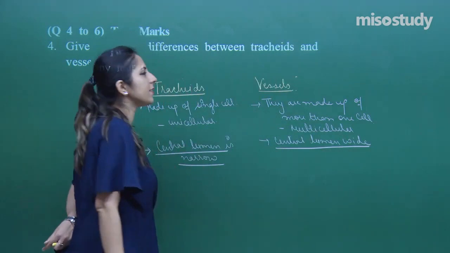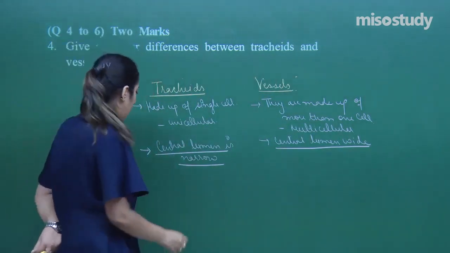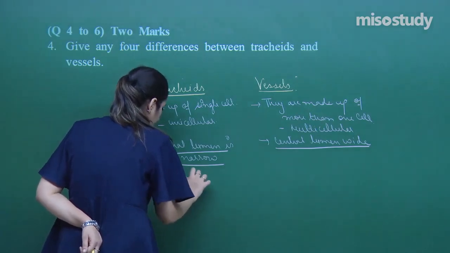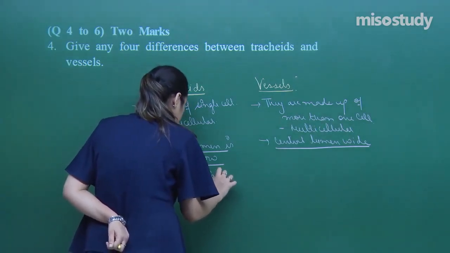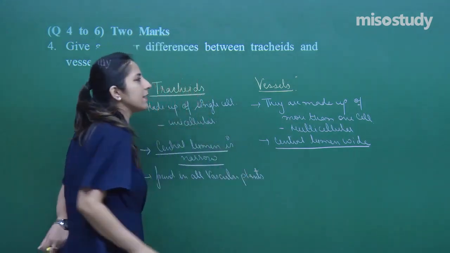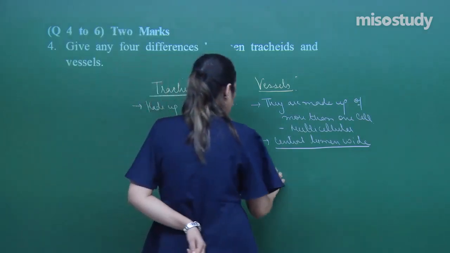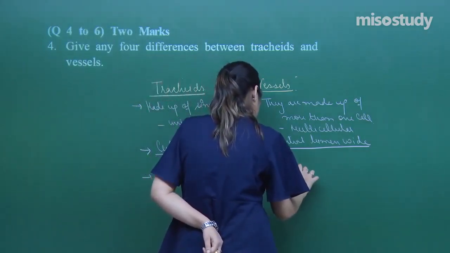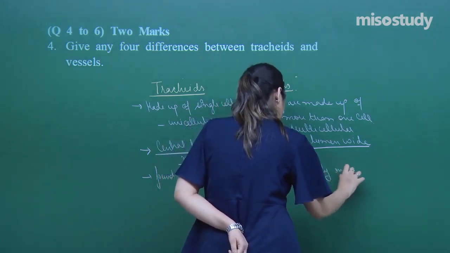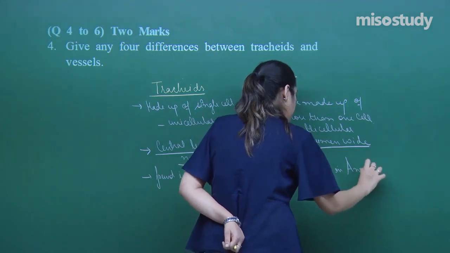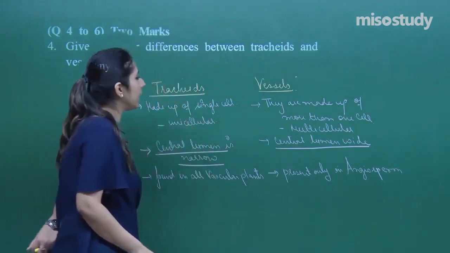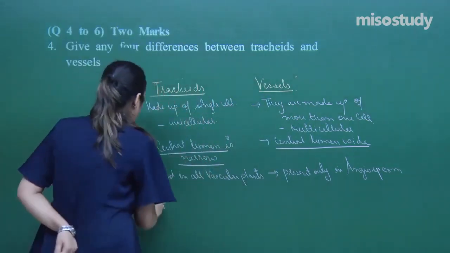Tracheids are found in all vascular plants, whereas vessels are present only in angiosperms. Now, let's talk about the end wall.